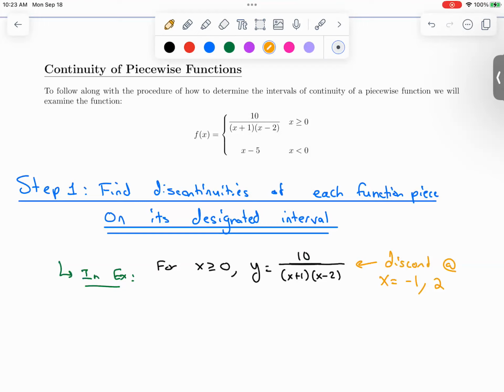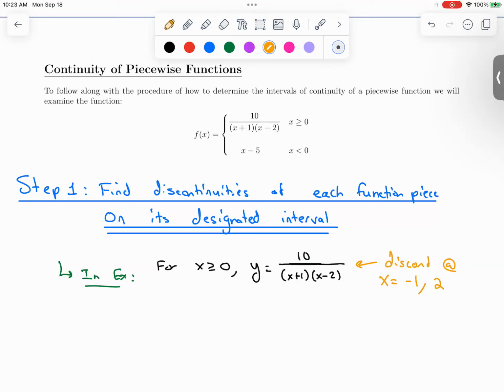However, one of these is not actually a place of discontinuity. Where is it? Derek says that -1 is not actually a discontinuity. And he's right. Why? Exactly right.